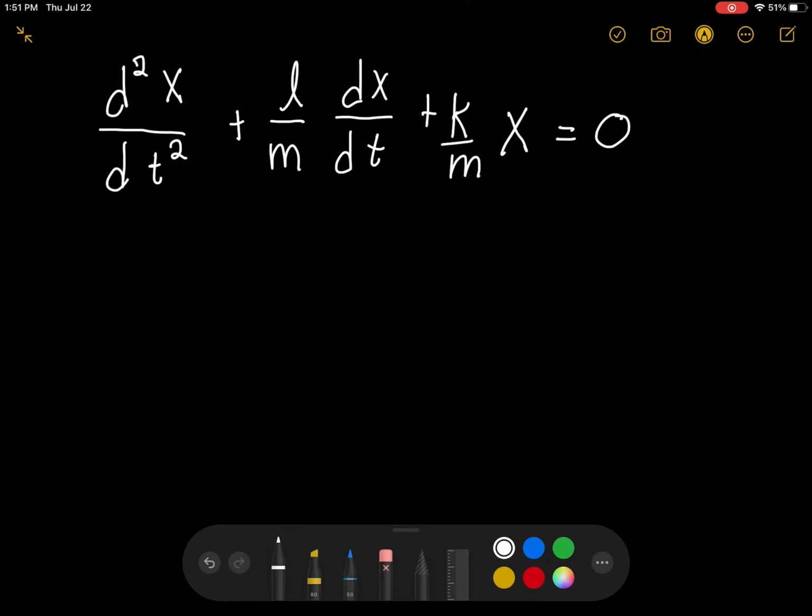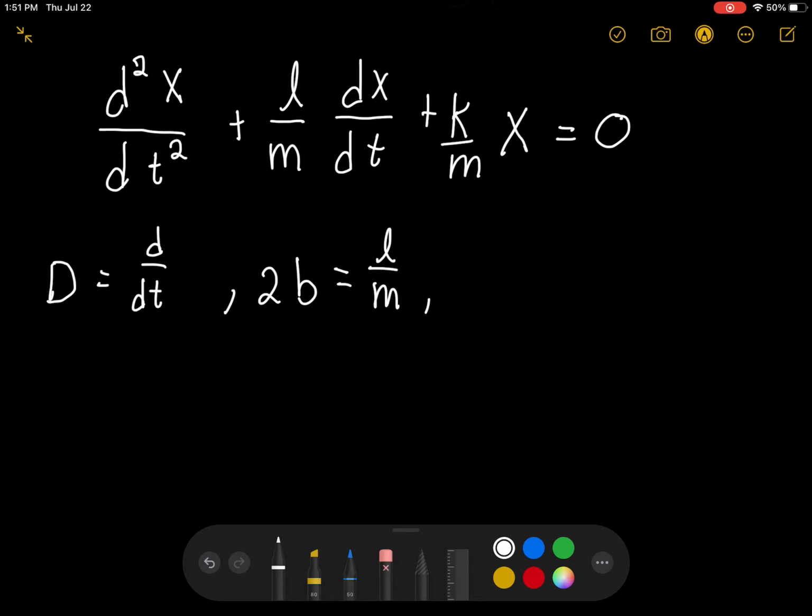Now here's where we get into a little bit of hocus pocus with some math magic. Since we're going to do this with standard notation, we're going to start off by saying that capital letter D is going to be equal to d over dt, the derivative. Then we're going to say that 2b is equal to L over m.